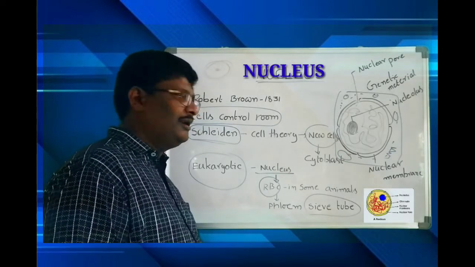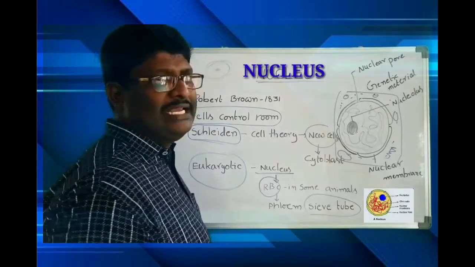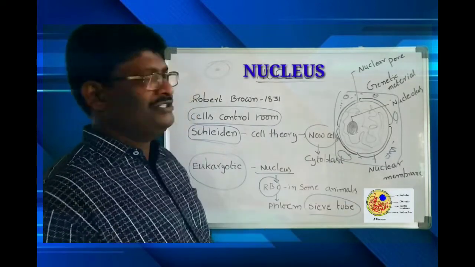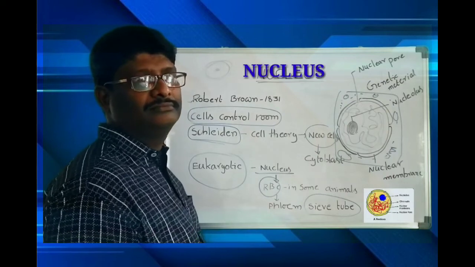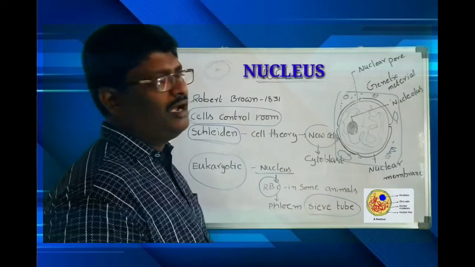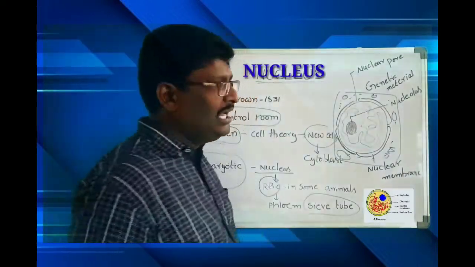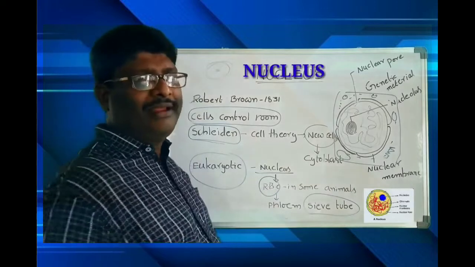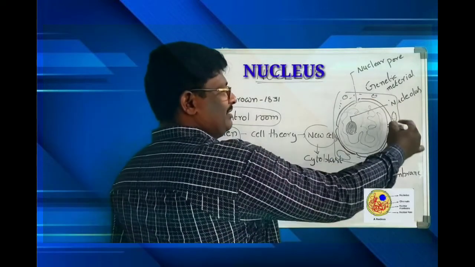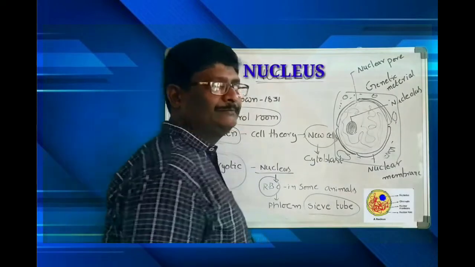Actually, if you see the structure of this nucleus, it is circular or oval in shape. It is round. It is covered by two membranes. See, one and two membranes.